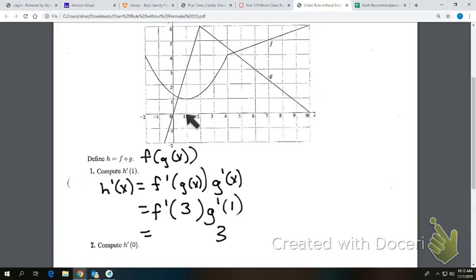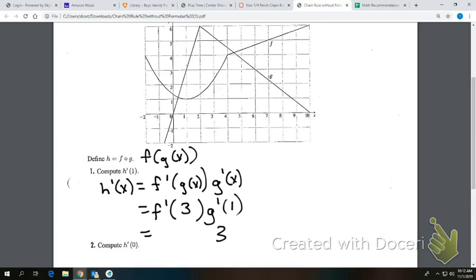Now f prime of 3, come over here. There's 3. Here's f. What's the slope of this line? Because that's the derivative. Oh, that's g. I'm getting off. Here's f. Follow f. Here's 3. It's the slope here. Okay, it's on a curve, isn't it?